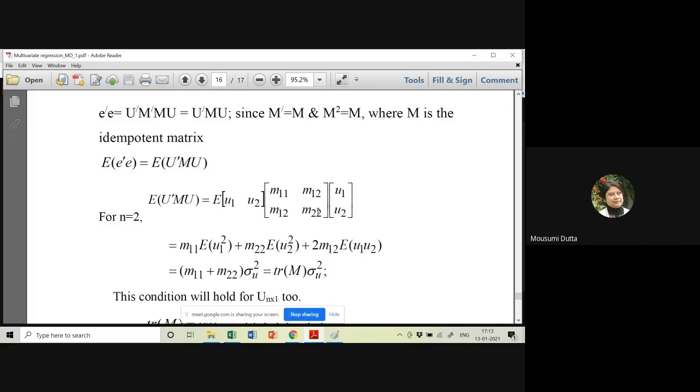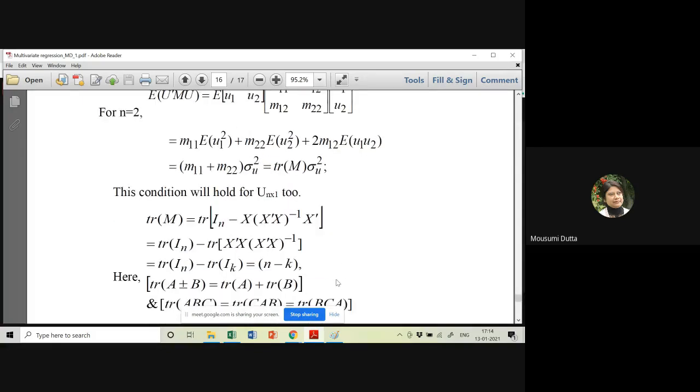Now, what is M11 plus M22? This is the sum of diagonal elements of a squared matrix, which is called the trace of that matrix. Trace of the matrix is nothing but the sum of the diagonal elements in a square symmetric matrix. So the expectation of u prime Mu is the trace of the idempotent matrix multiplied with sigma u square.